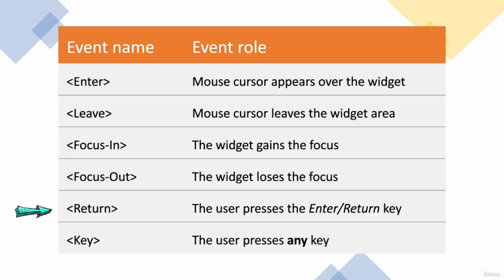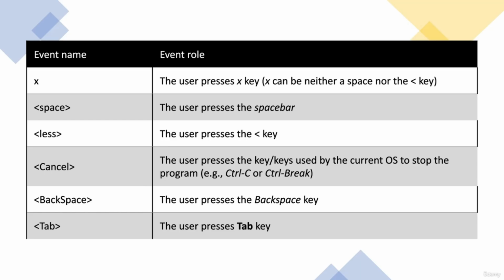Return event is when we press the Enter key on the keyboard. And the Key event is when the user presses any key on the keyboard. X event is self-explanatory, so are Space and Less events.